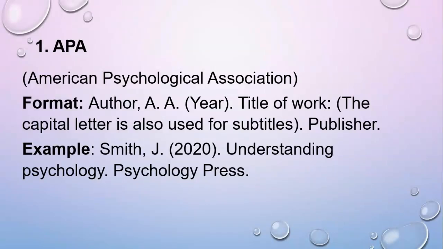For example, Smith J, 2020, Understanding Psychology, this is the title of the work, and Psychology Press, this is the publisher. This is the most common APA style citation for forming the reference list.